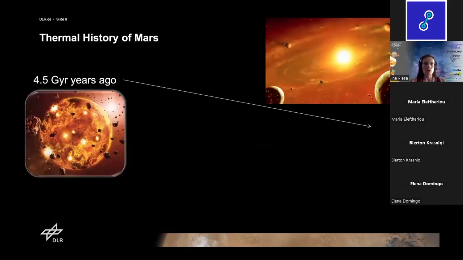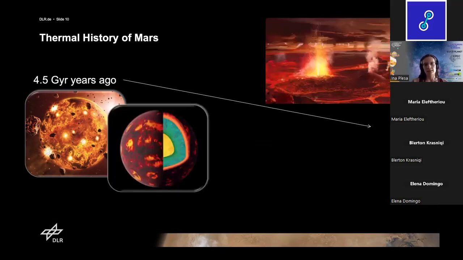Now, let's have a look at the timeline of events. So how we think that Mars evolved with time. So we start about 4.5 billion years ago when the planet started to form by collisions of planetesimals and accreting mass. Now, these violent collisions, of course, also introduced a lot of energy into the forming planet, a lot of heat, and this has led to the formation of a global magma ocean.